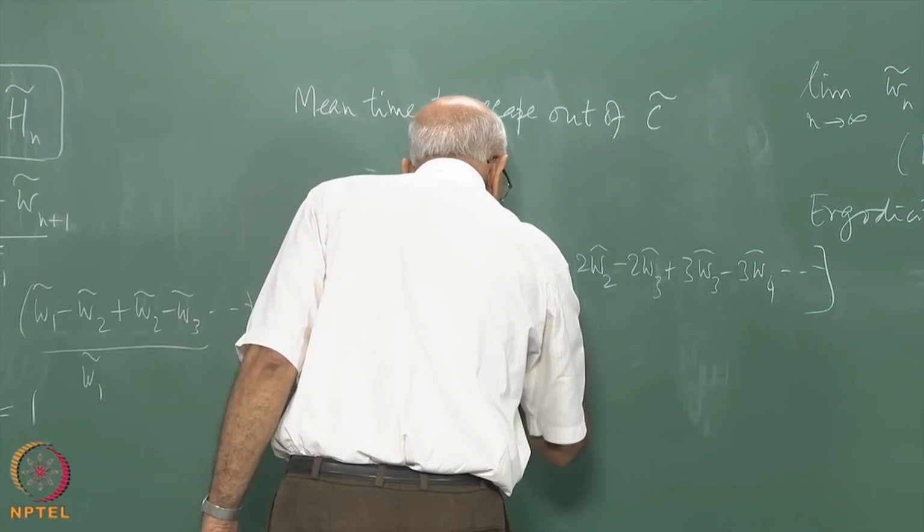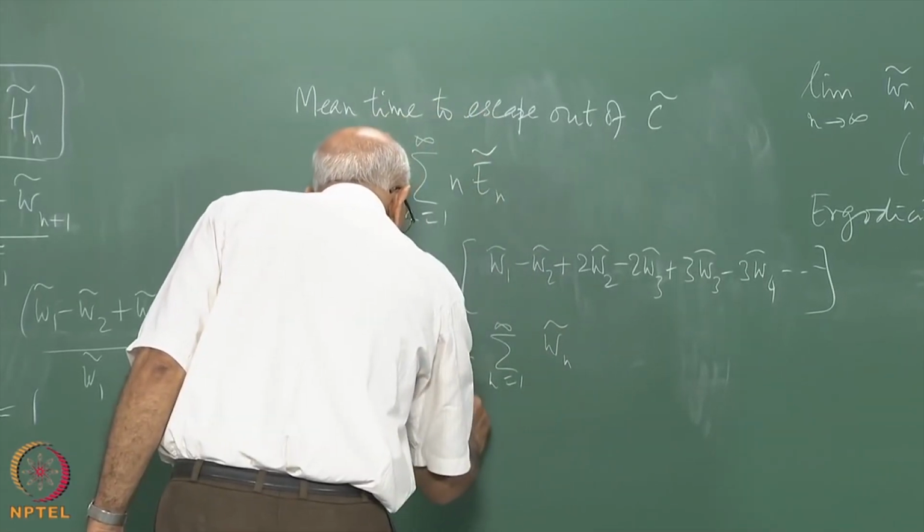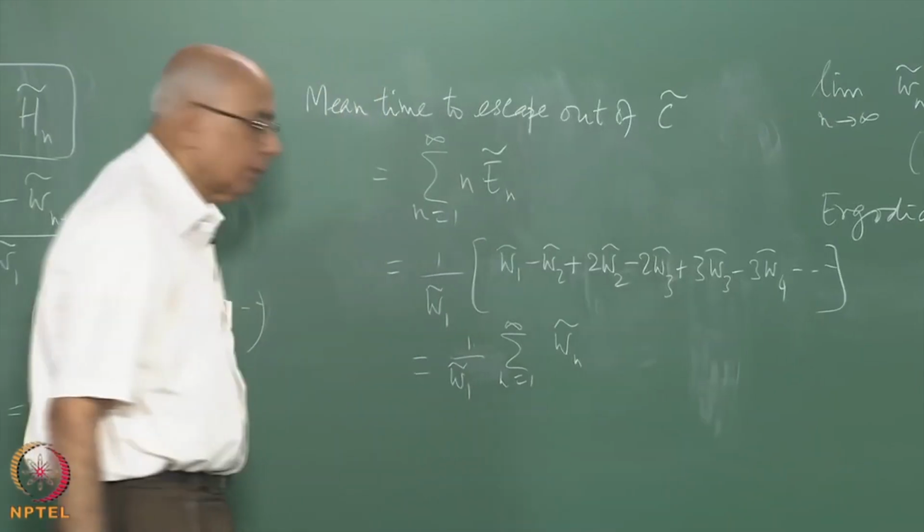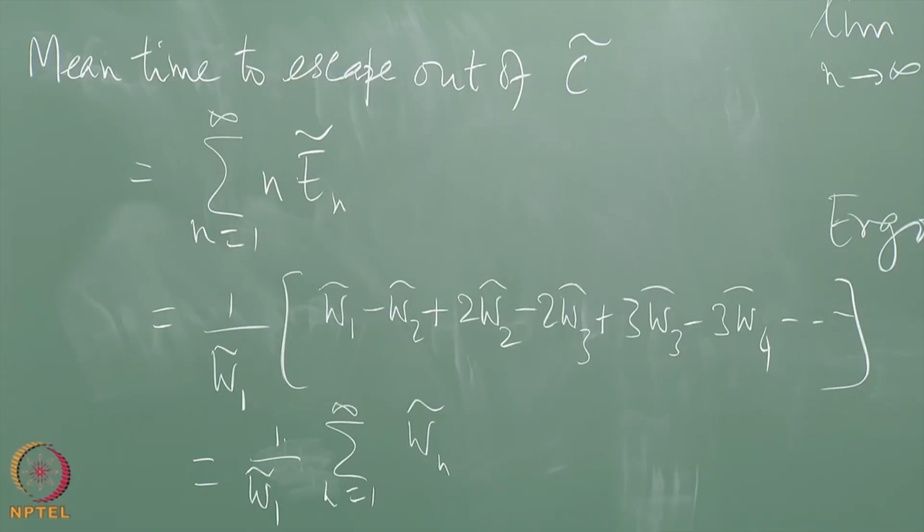So it is Wn tilde times 1 over W1 tilde. It is equal to this guy.